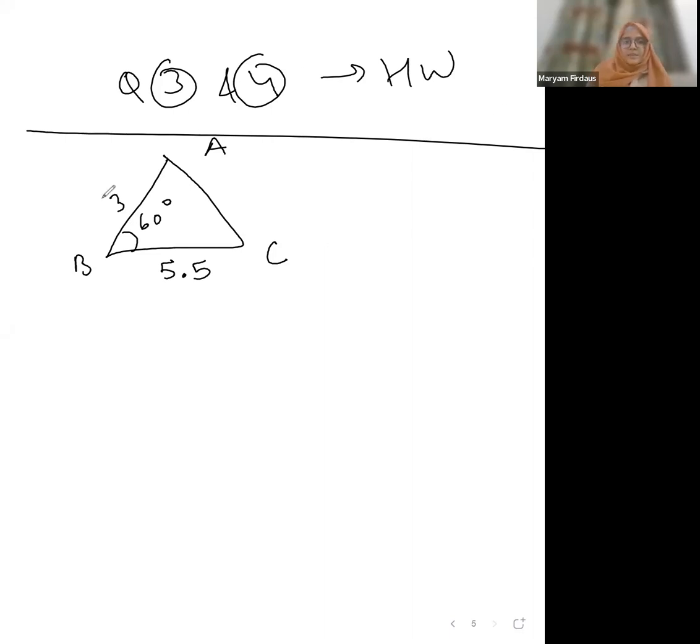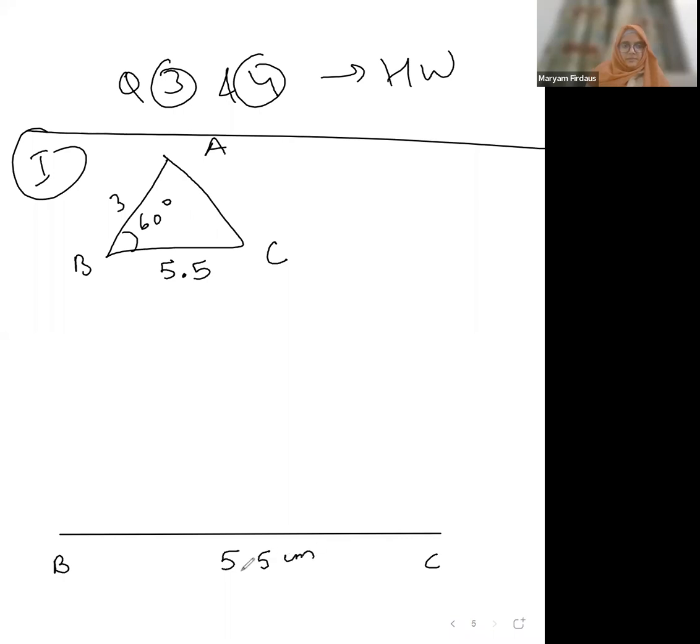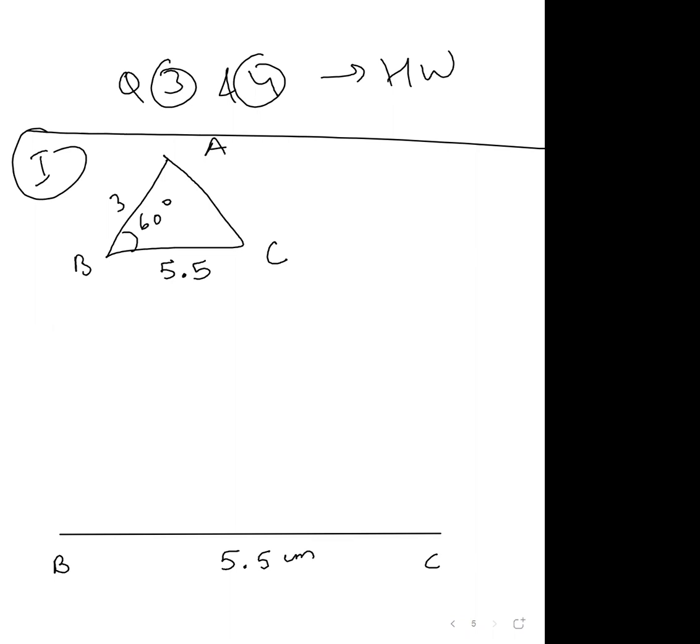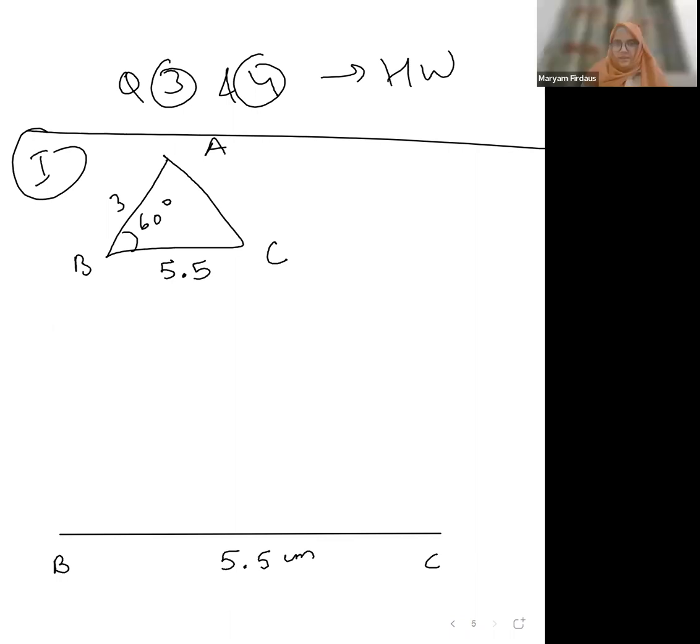What can we do? First step, our rough figure is done. Now the second step is you have to make the base. Draw the base. That's going to be the same, right? So draw the base. Construct the base rather. BC of 5.5 centimeters. This is SAS rule, right? Yeah, SAS.